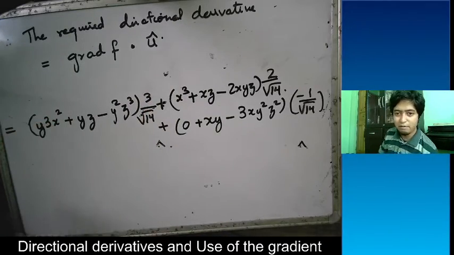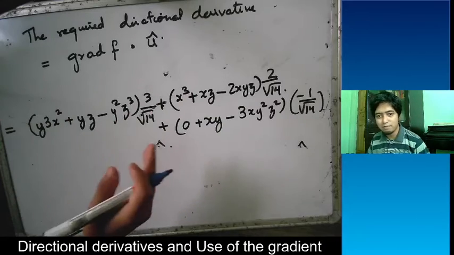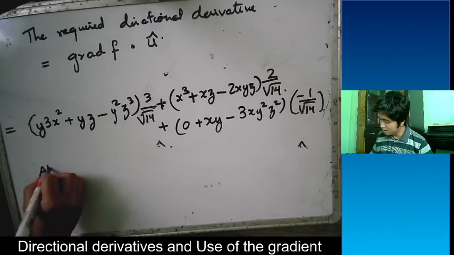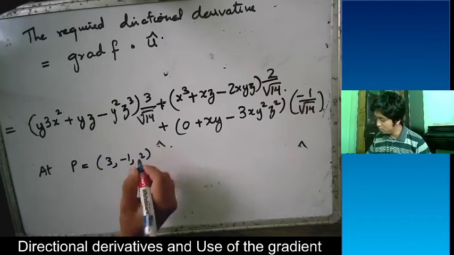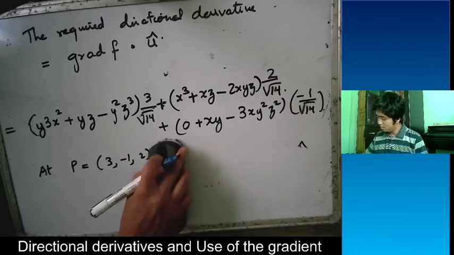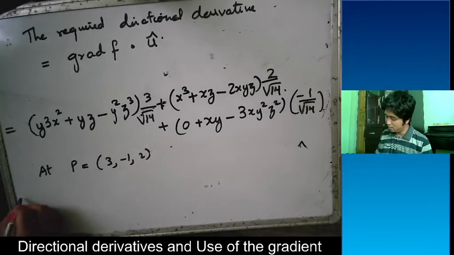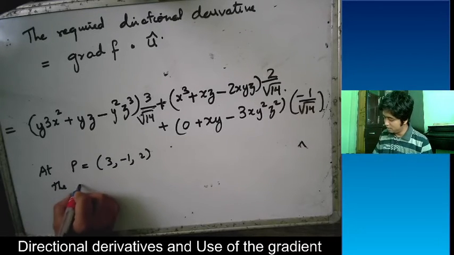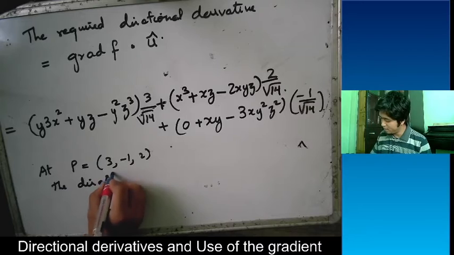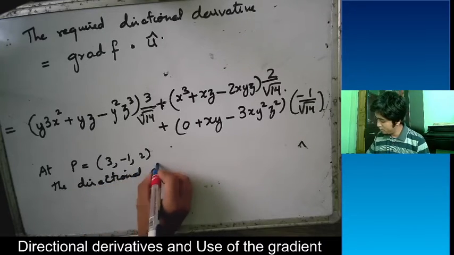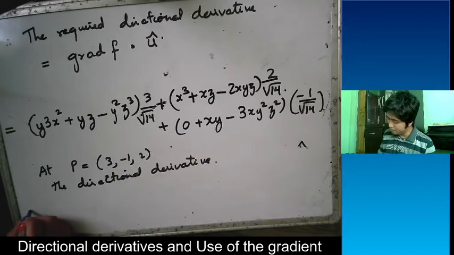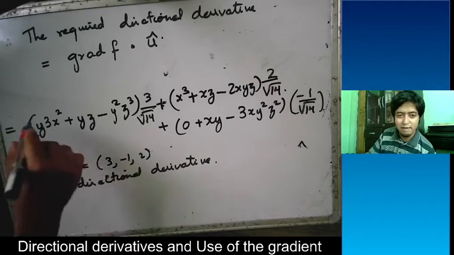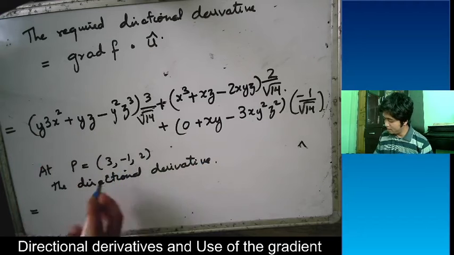But now we have to calculate it at the point which was given to us, P equal to 3, minus 1, 2. The directional derivative is equal to, so just replace the variables here. y is equal to minus 1.